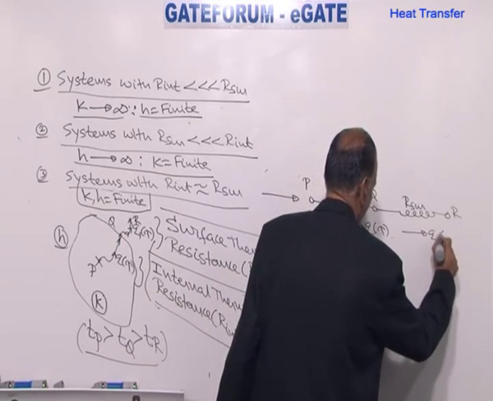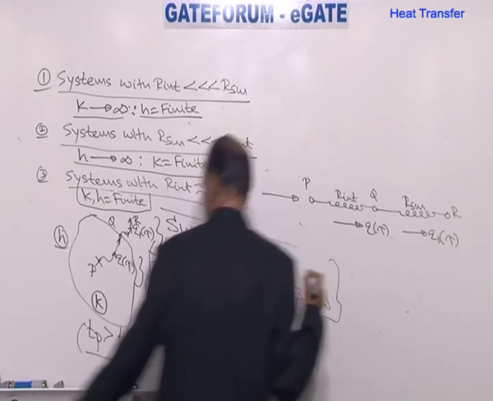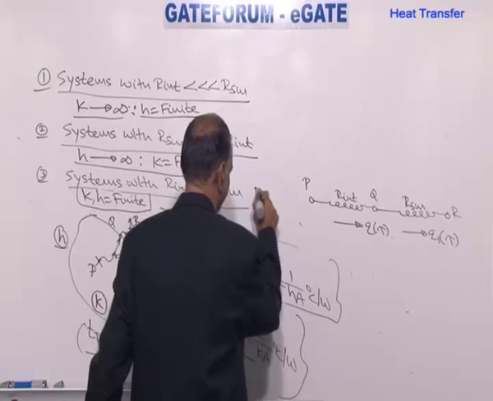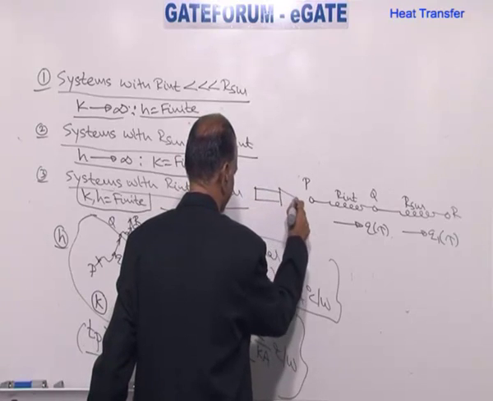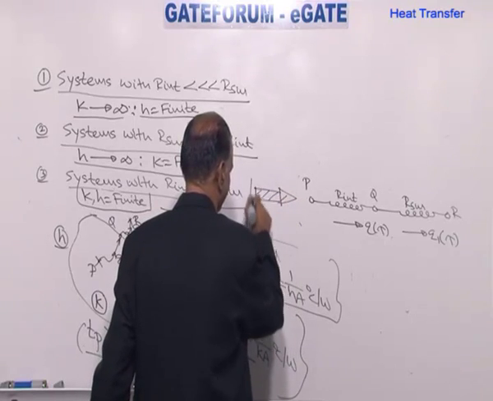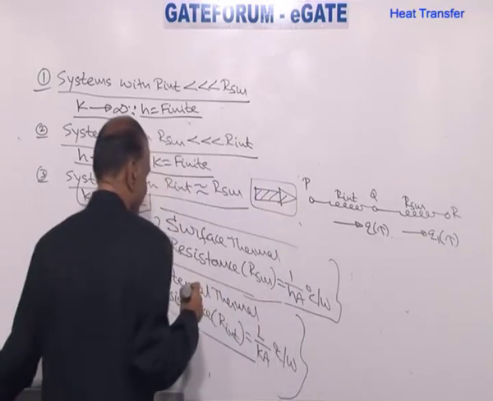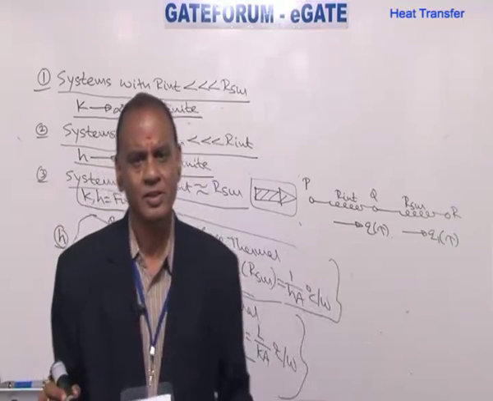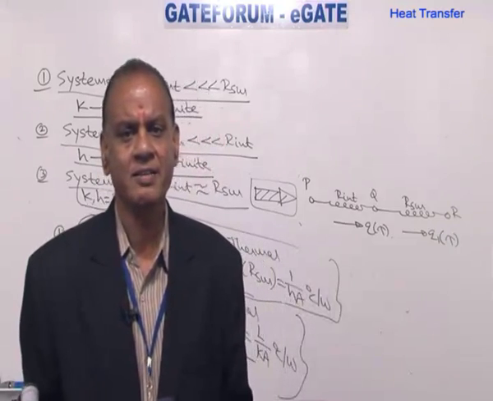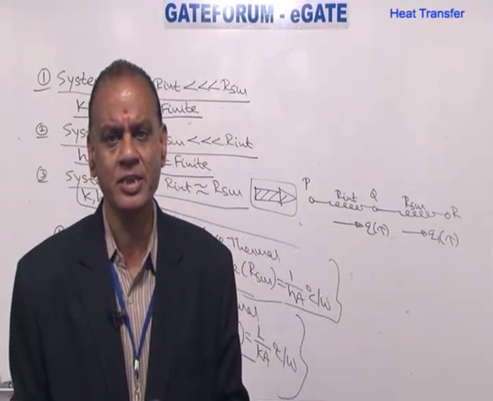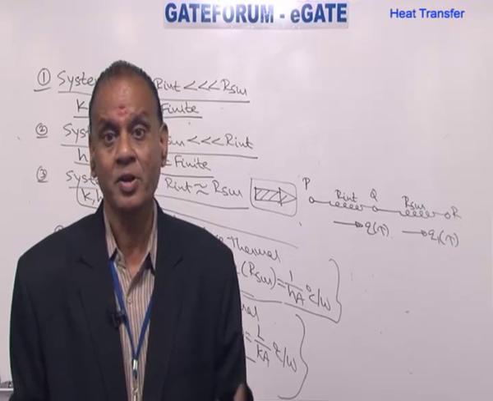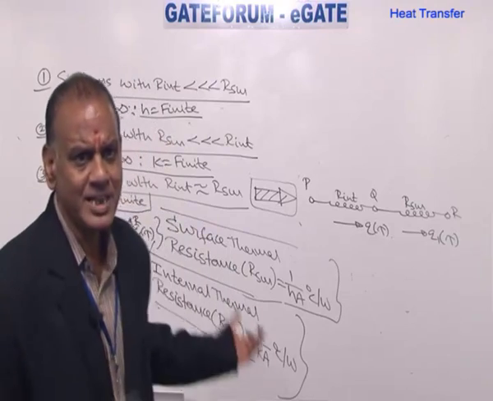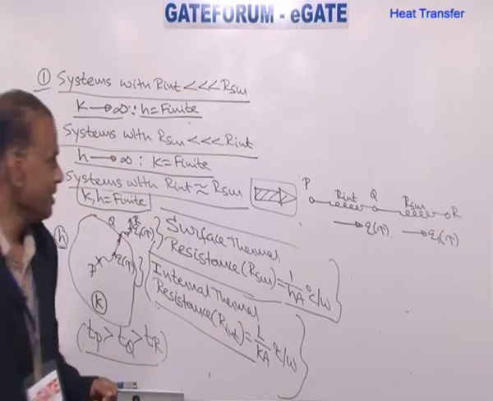Convection taking place at a rate of q1 tau. Perfectly correct. This is the electrical analog of a system with both the resistances comparable. P is different, Q is different, between them R internal. Q is different, R is different, between them R surface.